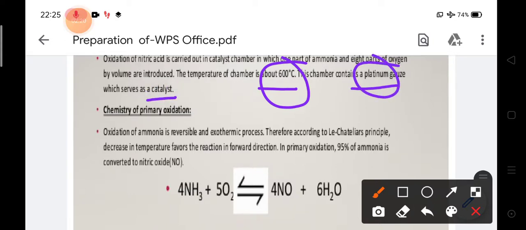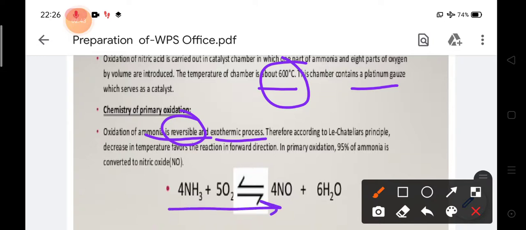In this primary oxidation process, oxidation of ammonia is a reversible and exothermic process. When we decrease the temperature, as it is a reversible process, it can form NO by the forward reaction, and it can also form NH3 and oxygen by the backward reaction.